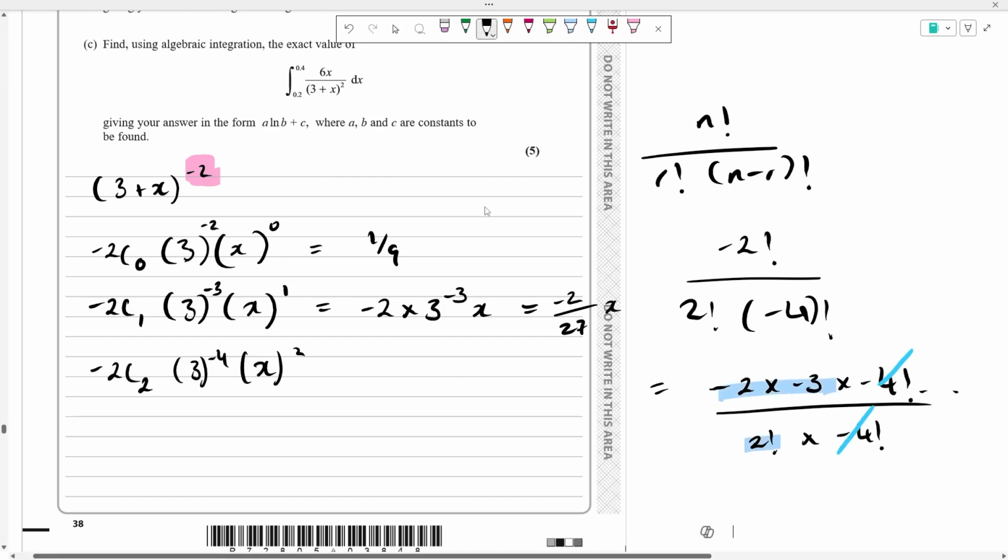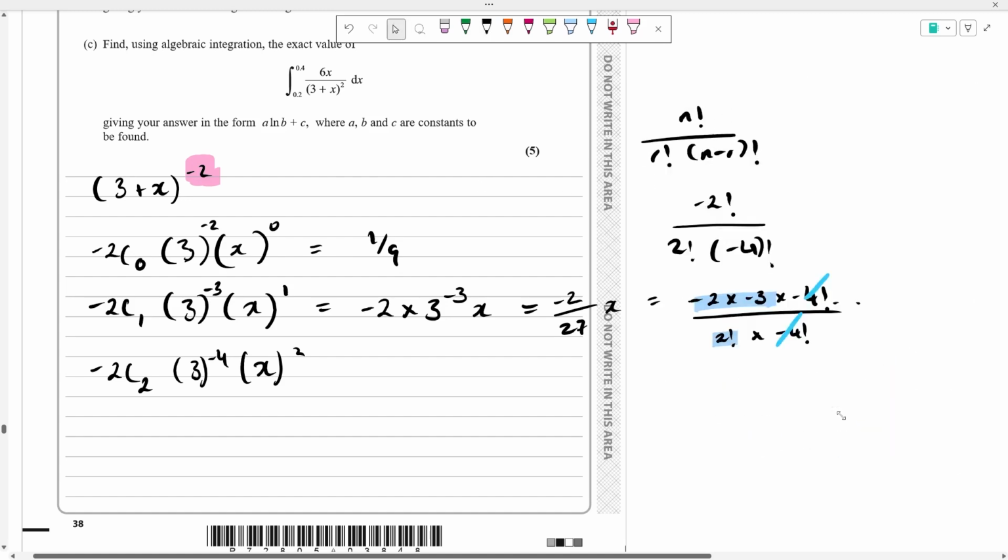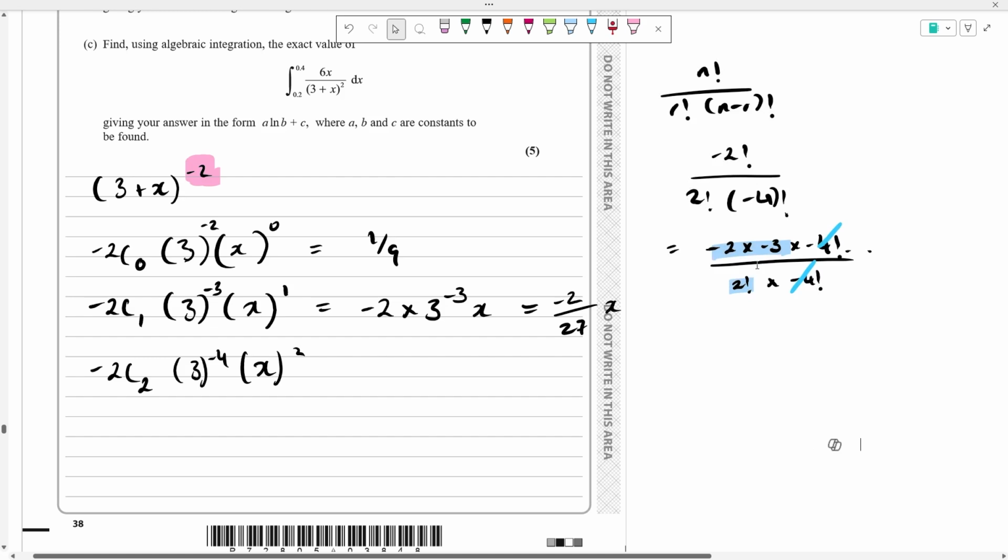And to make this easier to remember, rather than just putting it into your formula every single time, an easy way to remember is that on the numerator will be the amount of terms that we have. So we have minus 2 choose 2, so we're going to have 2 terms on the top. And on the denominator, we're just going to have 2 factorial. And this is just going to give you 6 divided by 2, which is 3.